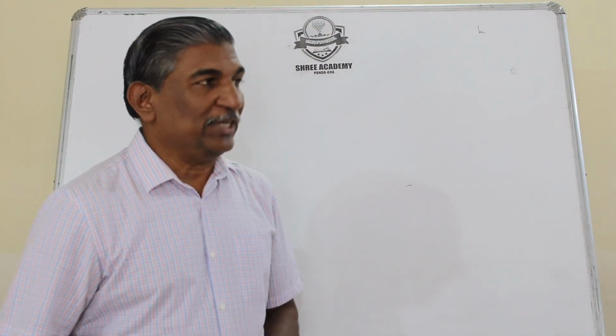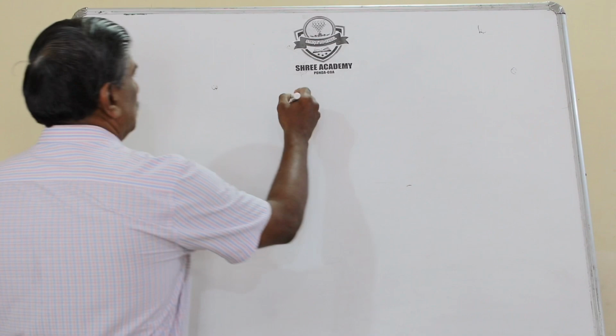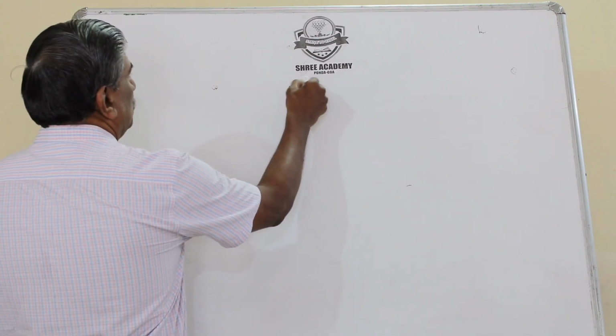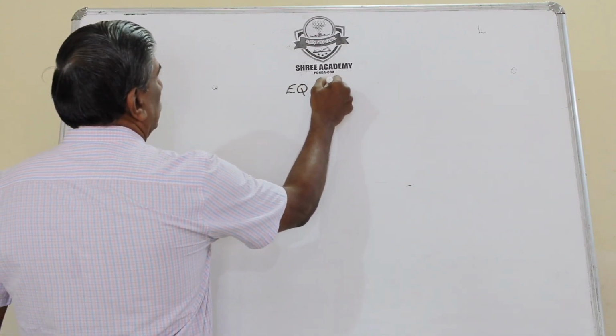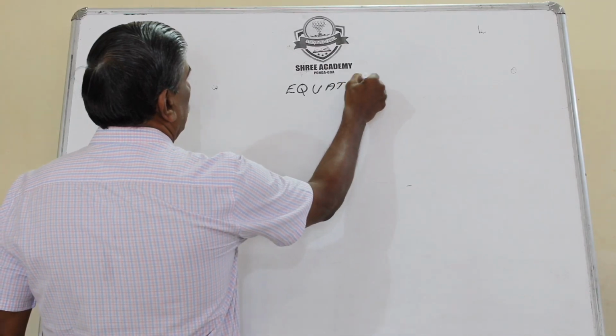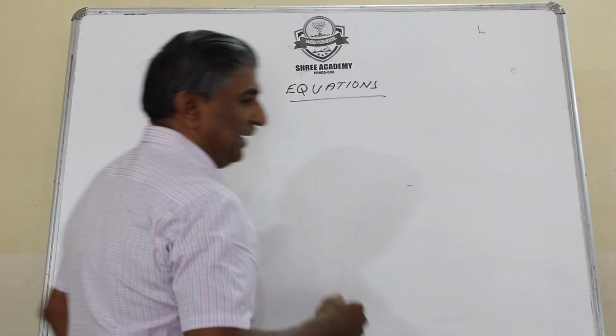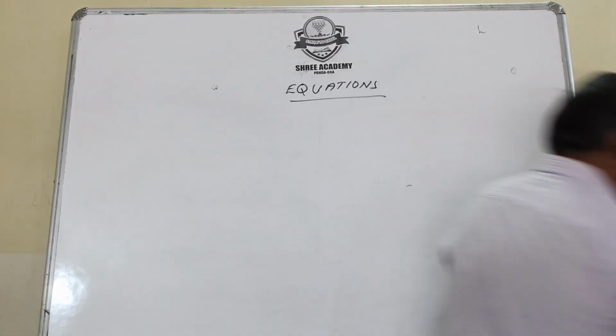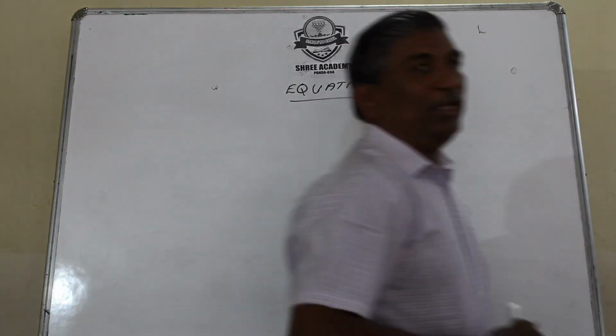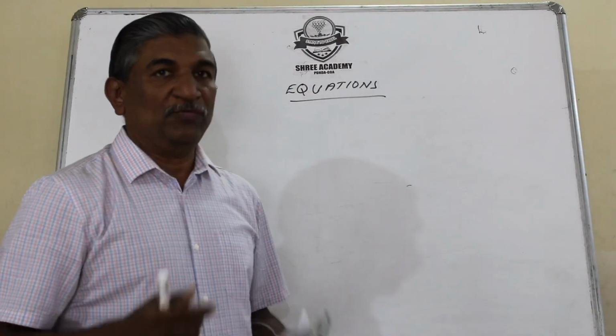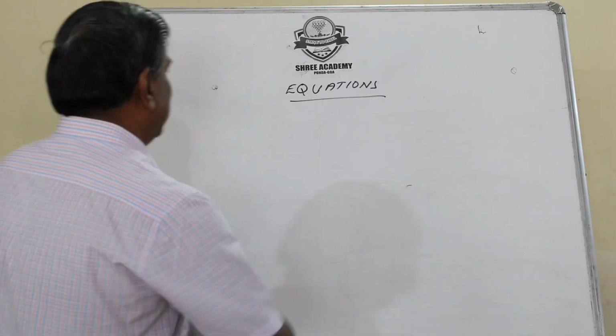Next chapter is equations. Now, equations are the basic thing in any mathematical calculations. In equations, as we know, we have two sides.